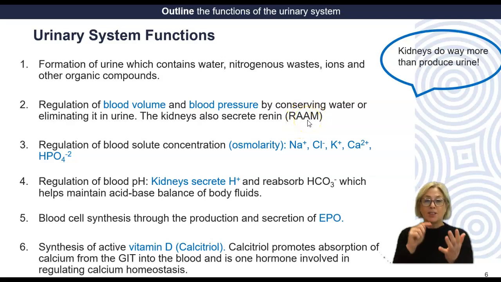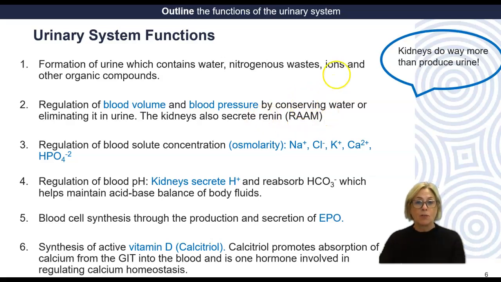So remember, the stimulus there would be low blood pressure, which stimulates renin, which is an enzyme that's made by particular cells in the kidneys that we're going to learn about. And so the end result of the renin-angiotensin-aldosterone system is an increase in blood pressure. We'll go through that once more so that everybody understands it.